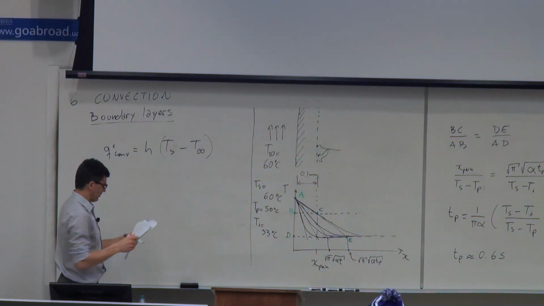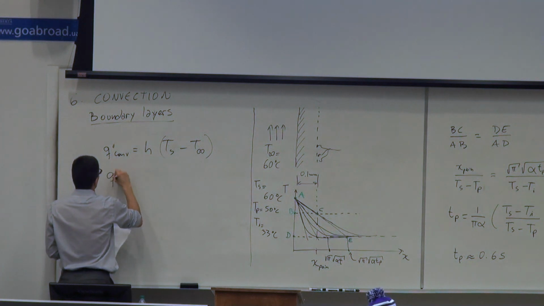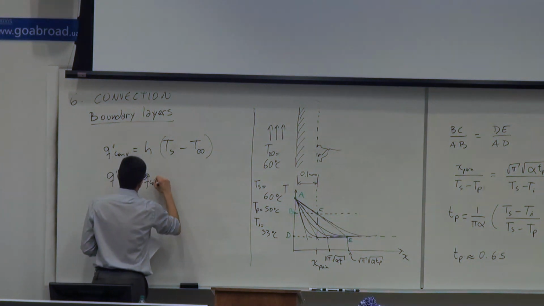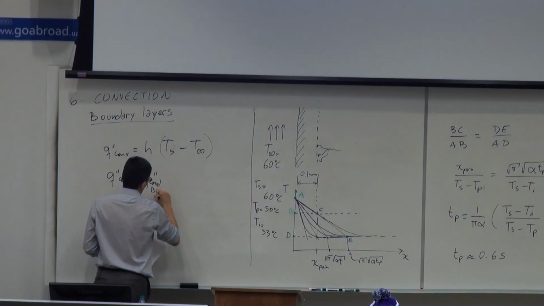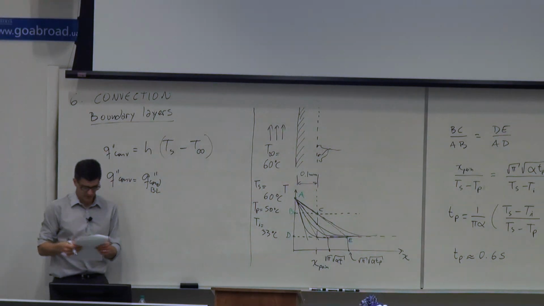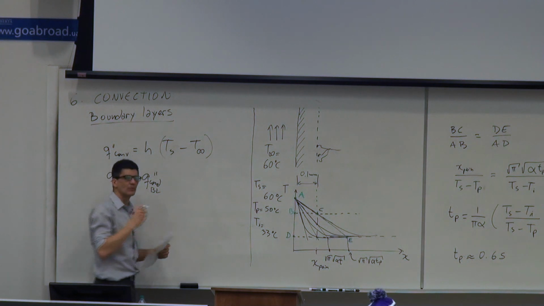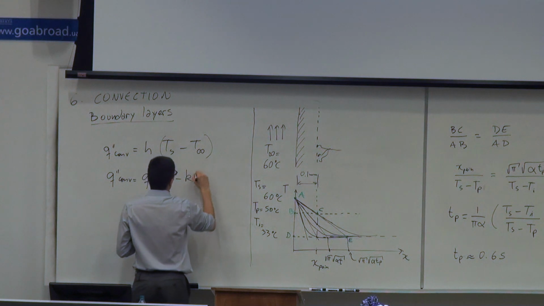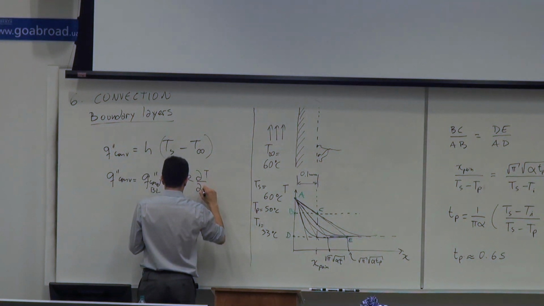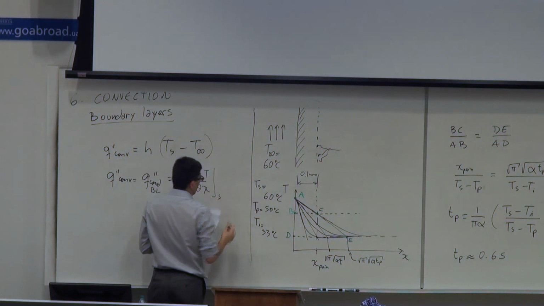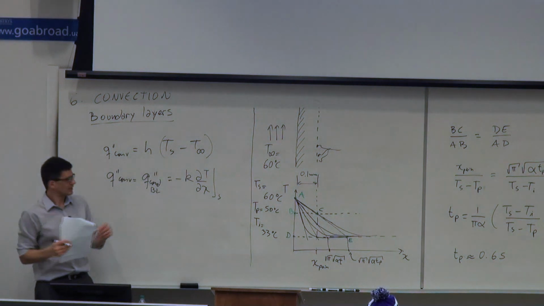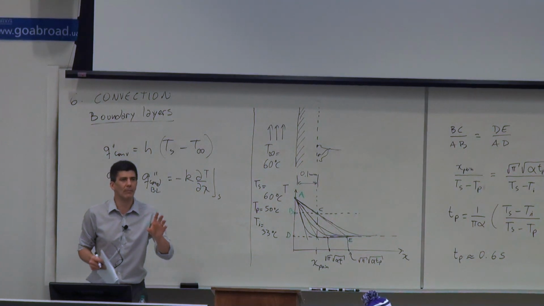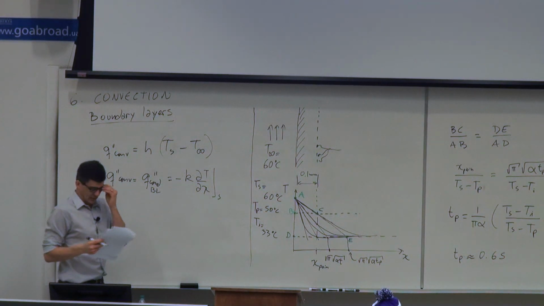What is the truth? Well, the truth is that in reality, q of convection is q of conduction on a boundary layer. This I said to you before, right? It is through an insulating blanket, right? And in this case, it would be minus k dT/dx on the surface, right? And this dT/dx is the temperature gradient through this insulating blanket, right?